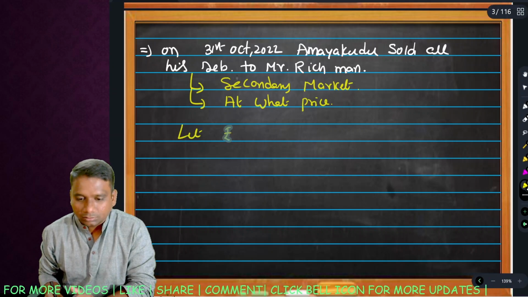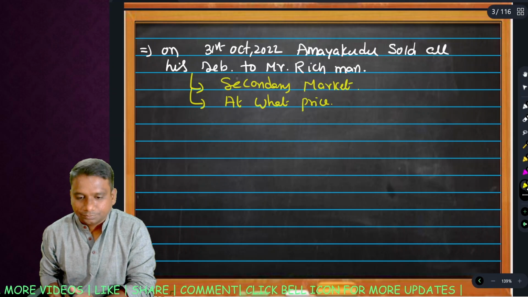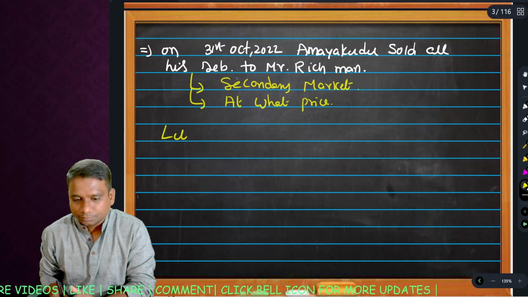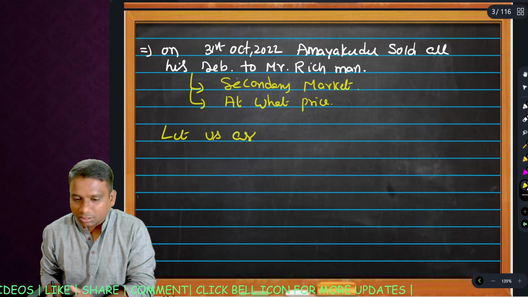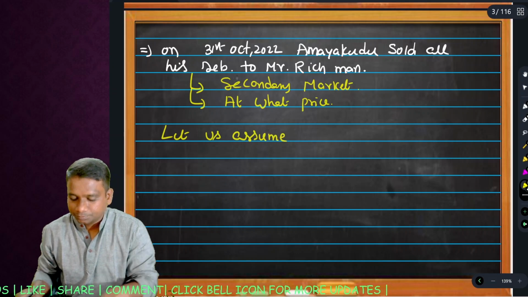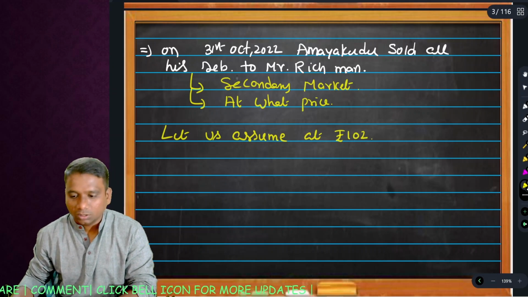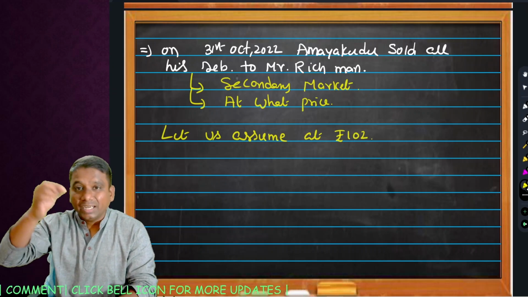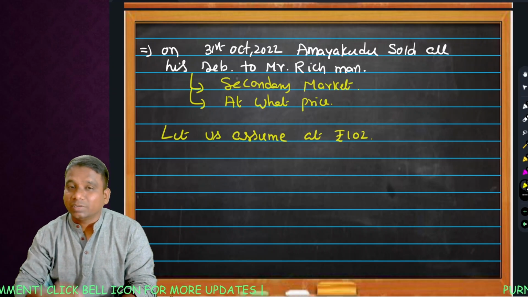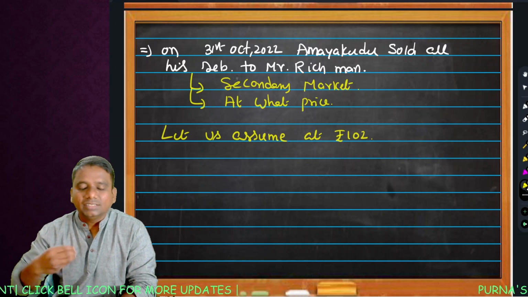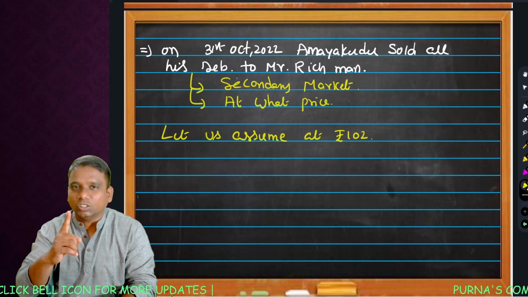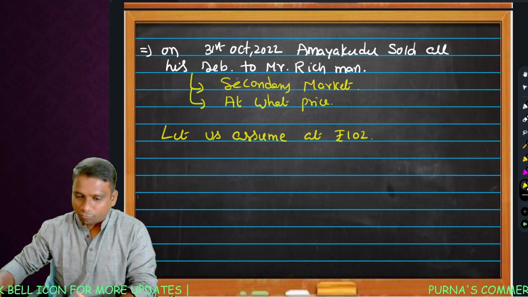Let us assume at rupees 102. Amayikudu actually purchased the debentures at what price? 100. Now he is selling these debentures at what price? 102 rupees.